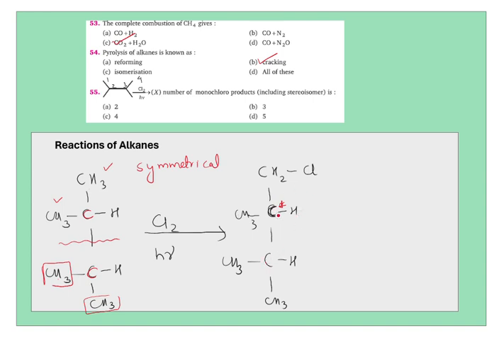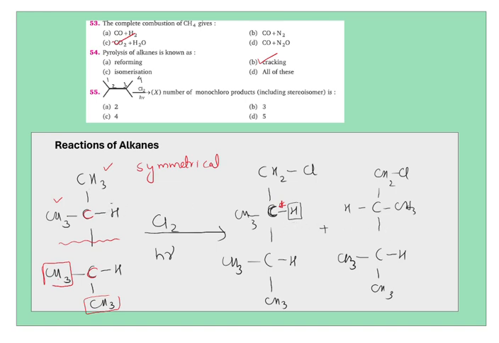So we are introducing chirality to the molecule. Therefore, the chlorine need not be on the right side. It can even be on the left hand side, like this. Right? What about here? Doesn't matter because it's not a chiral carbon. So you are getting 2 products here.